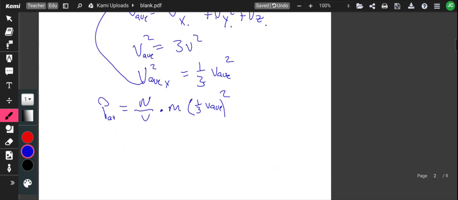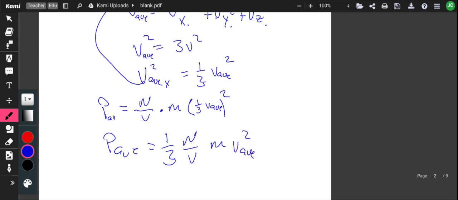Now this leads us to what we're referring to as the kinetic molecular theory of gases. Right now we have a simplified equation which says P average is equal to 1/3 N over V times mv squared average of all the motion.